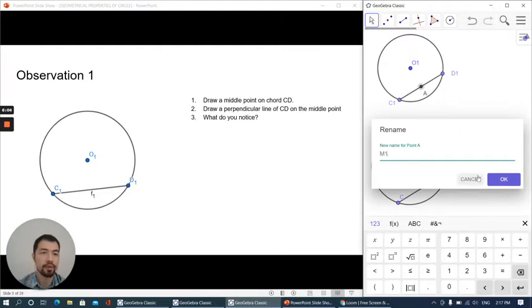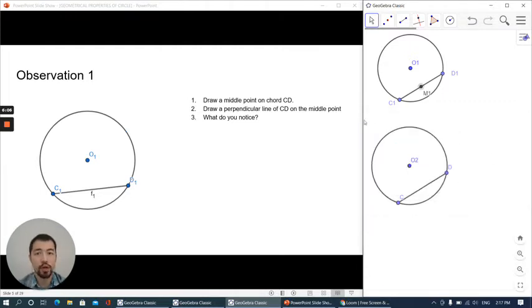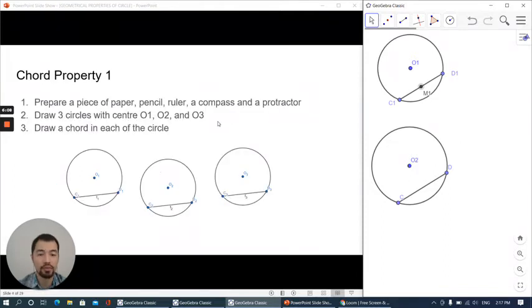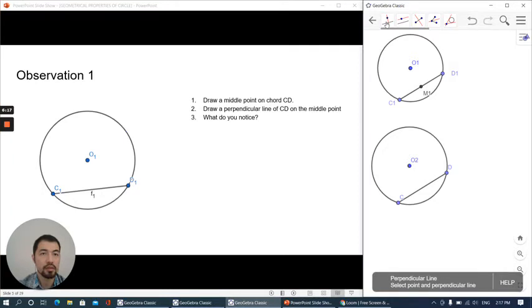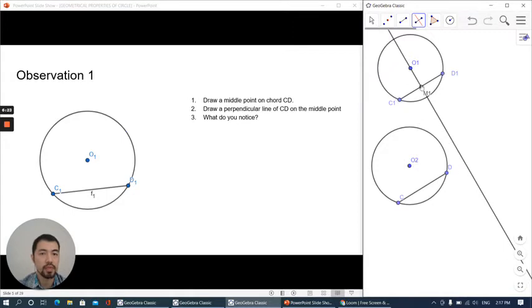Next, we want to draw a perpendicular line to CD at the middle point, a perpendicular line on M1. So how do I check on this one?